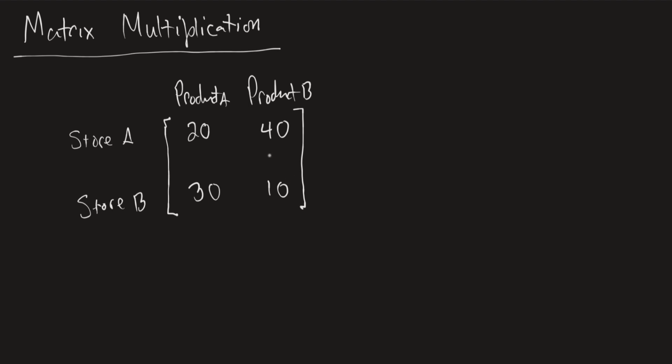So again, remember, we can use these arrays to store information. Now I'm going to use another array to store another type of information: the unit price for the different products.